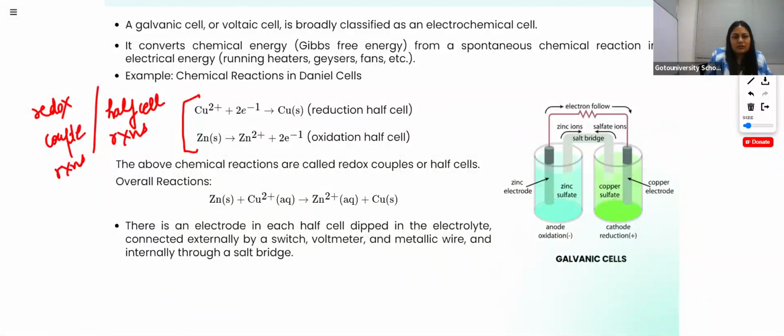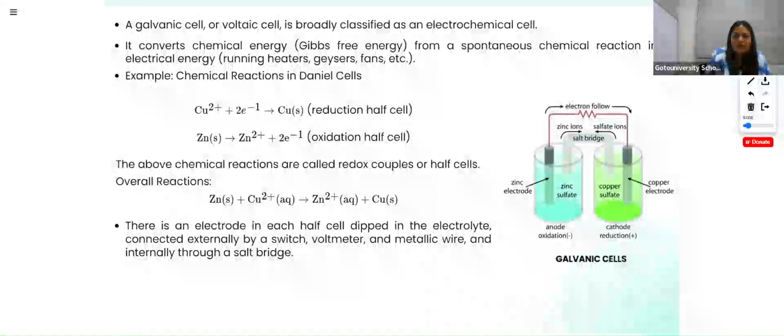We can write the overall reaction as represented here, where zinc is getting oxidized and copper is showing reduction. This is how we represent the chemical reactions in an electrochemical cell.